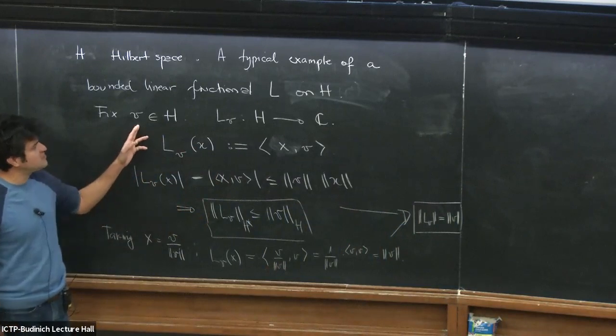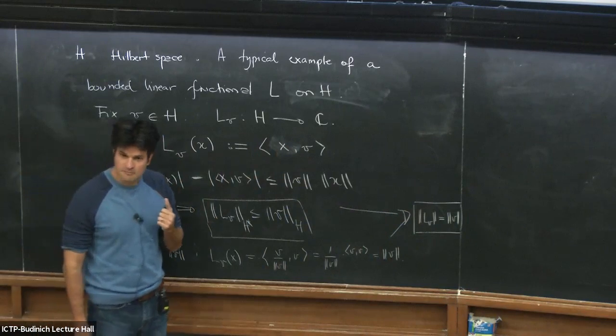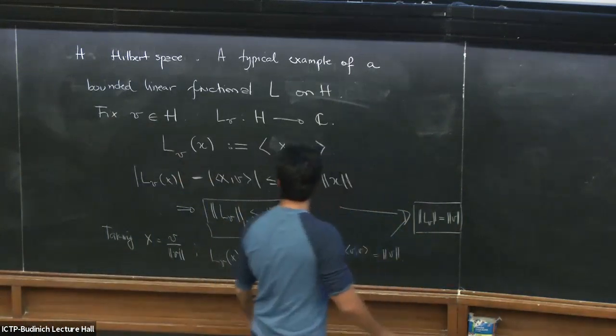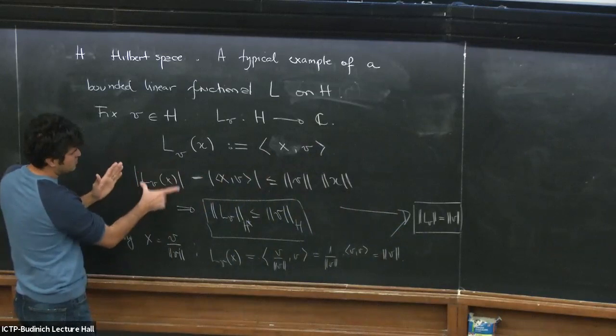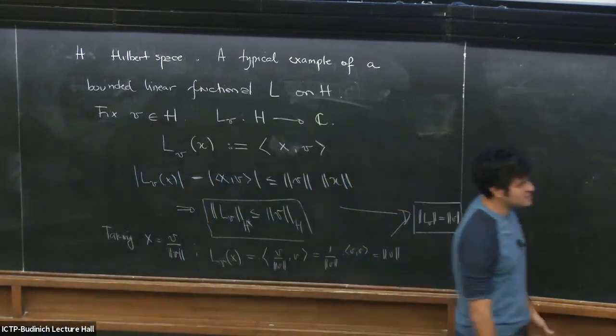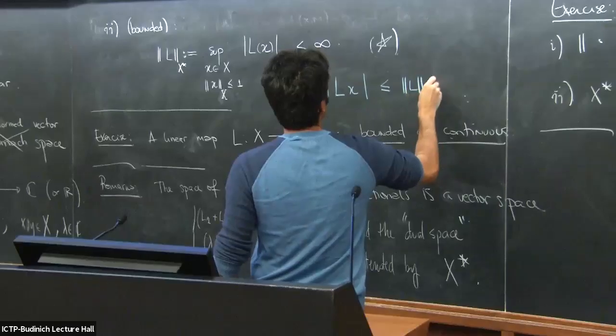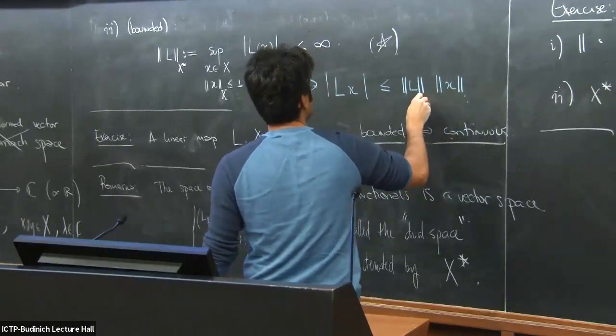Okay, so this is a typical example of a functional in a Hilbert space. You just fix a vector, and you take inner products with that fixed vector. Okay? Notice this inequality that appeared here. The norm of LV acting on a point is less than a certain number times the norm of the point. This is pretty much a restatement of this. So this implies that L of X, which is a number, is less than or equal to the norm of L, in the dual space, times the norm of X, in here.